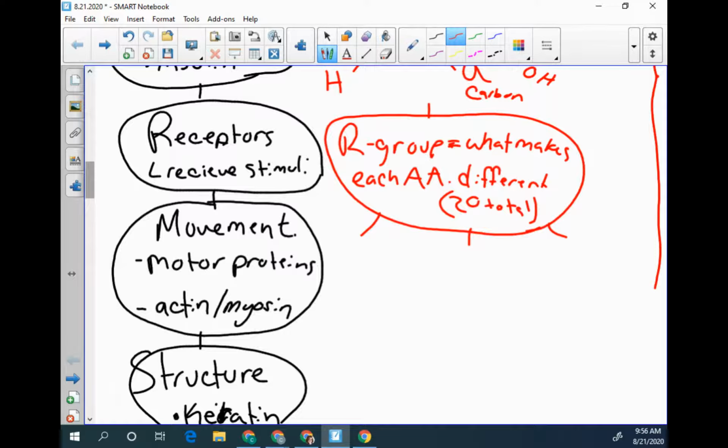So, our three different types of amino acids: we've got nonpolar hydrophobic, we've got polar hydrophilic, and we have charged hydrophilic.